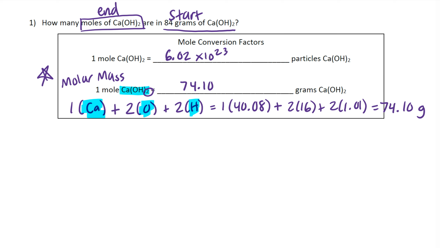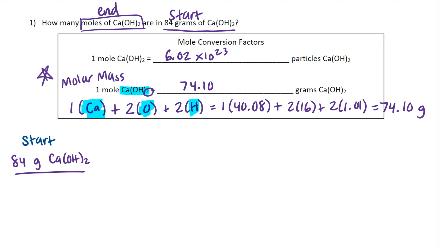All right, so now for the work. So we're going to take our start and we are going to write that with the unit and the chemical formula. So everything I always write always has a number, a unit, then the chemical formula.